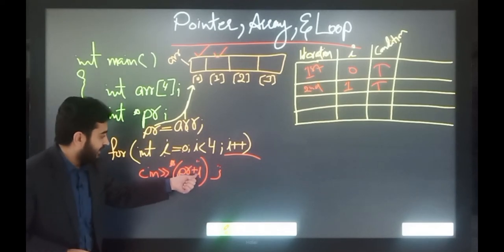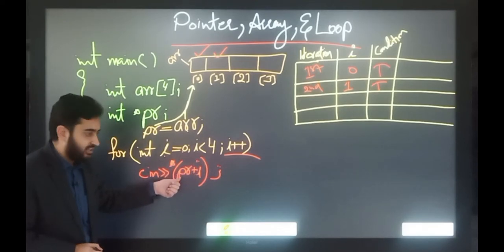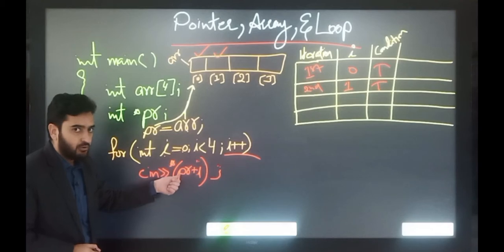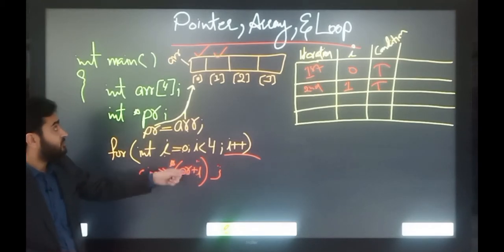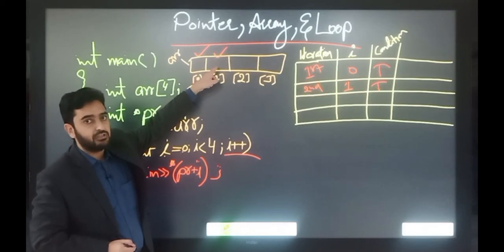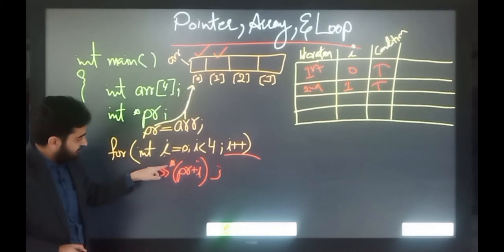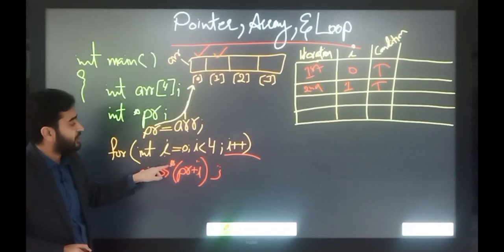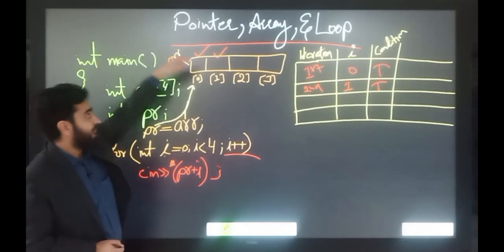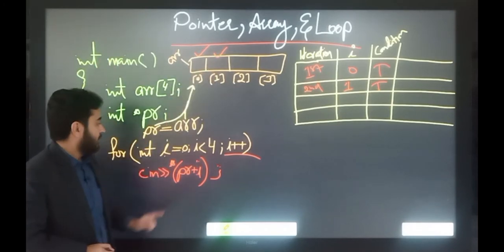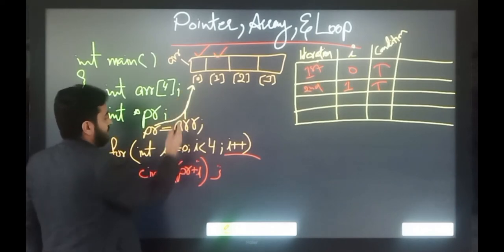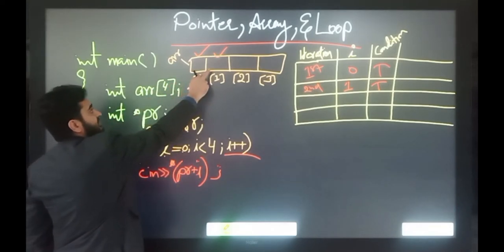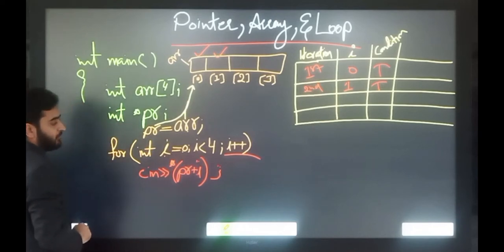So 1 will be added to the address inside the pointer. So it means that now this address will point to the second location of the array, and then we are dereferencing because we want to initialize a value inside this address. So through this way we can initialize a value from the user inside the second position of the array, okay?